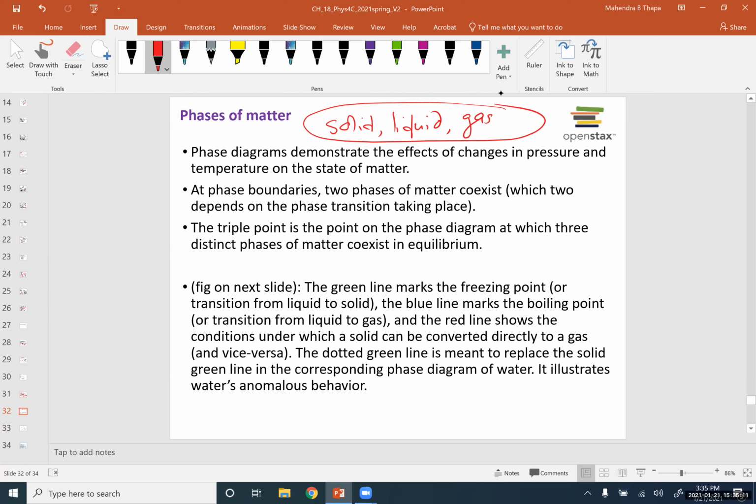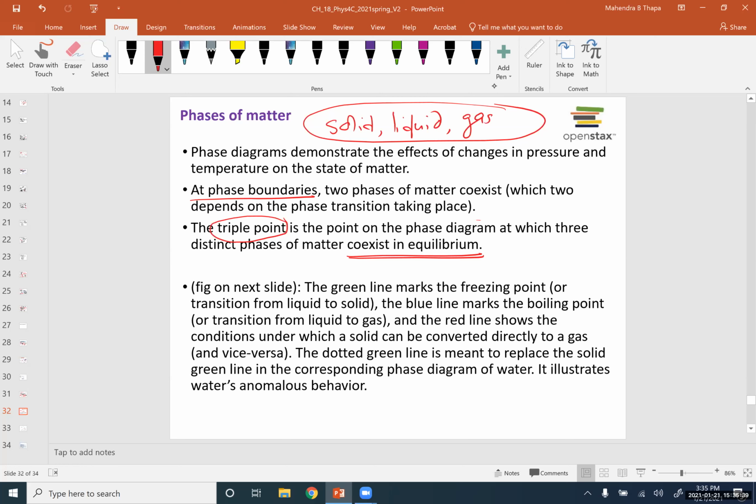Sometimes, at the phase boundaries, two phases of matter coexist, depending on the phase transition taking place. But we call the triple point the point at which all phases coexist, every solid, liquid, and gas phase.